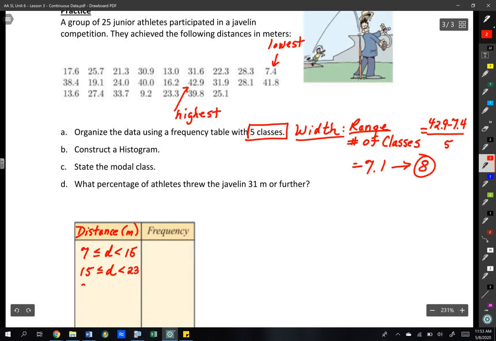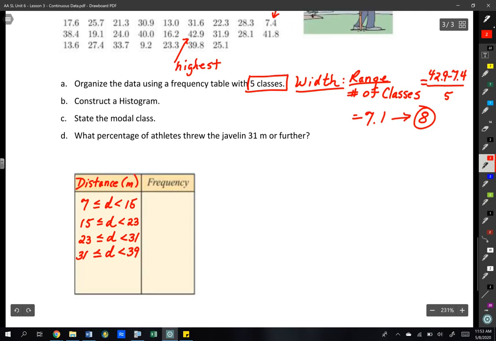We ended at 23, we start at 23. Ended at 31, start at 31, add 8. Ended at 39, start at 39, add 8. And we're good. We said we'd have 5 classes, and we have 5 classes.